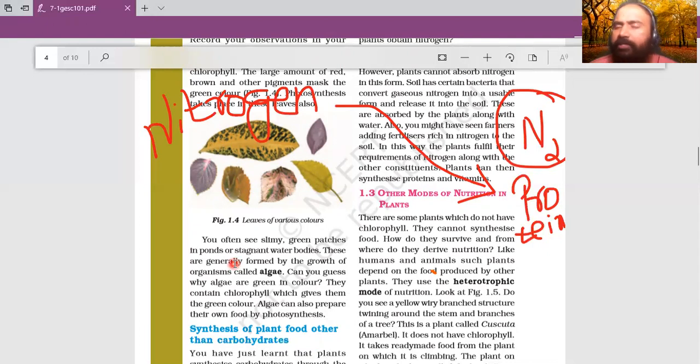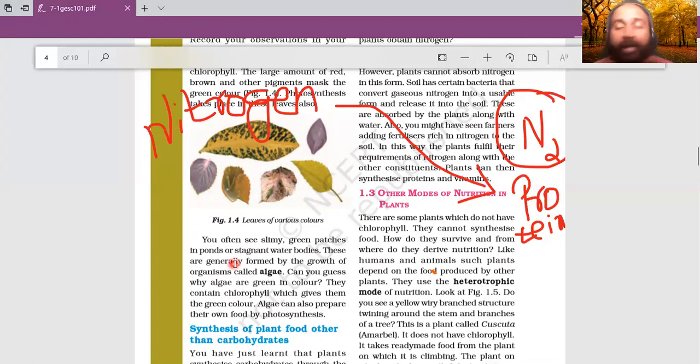From where does this plant get the nitrogen? We also require nitrogen to make protein. From where do we obtain nitrogen? Through meat and pulses, we are getting nitrogen. They are a very good source of nitrogen. So from where are the plants getting it? That is the question, and we are going to learn that now.